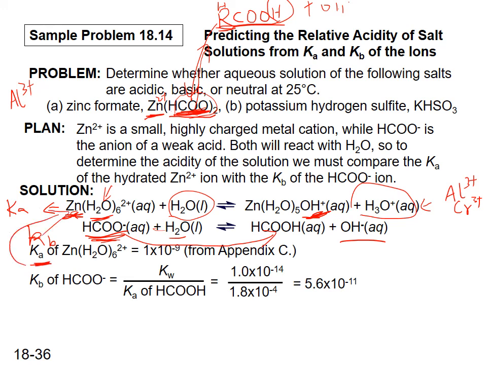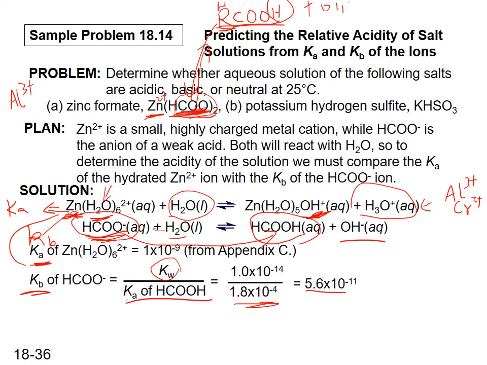Now for B, as we mentioned before, usually we know the neutral acid Ka. In this case, it is the Ka of the acid. The anion Kb is not given, but we need to calculate it. Kw divided by Ka, where this is found from the textbook, and that gives you this number.